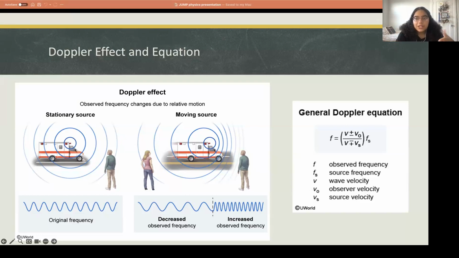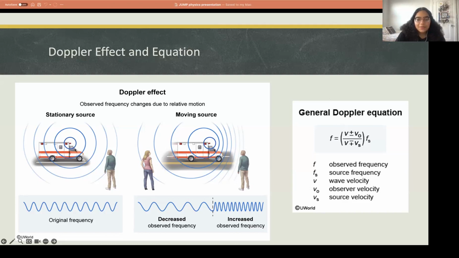And then there is an equation for that, which is good to know. It's a little confusing, but basically there's a plus minus at the top and then a minus plus at the bottom. So you're either going to do plus on the top and minus on the bottom, or minus at the top, plus on the bottom. They're going to be opposite signs based on if the object is moving away or towards.